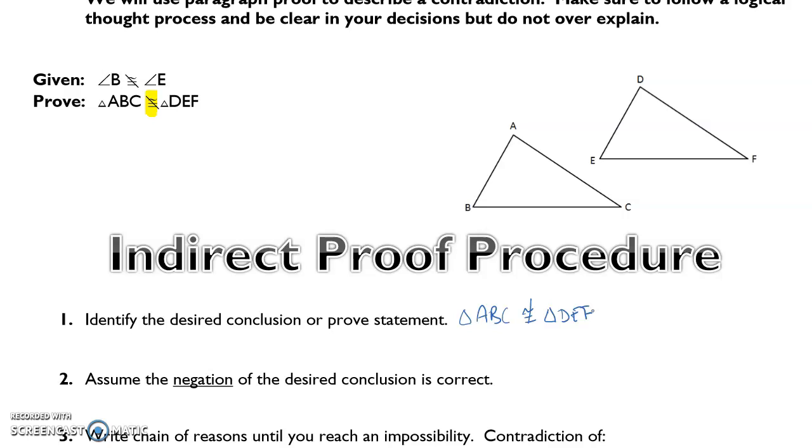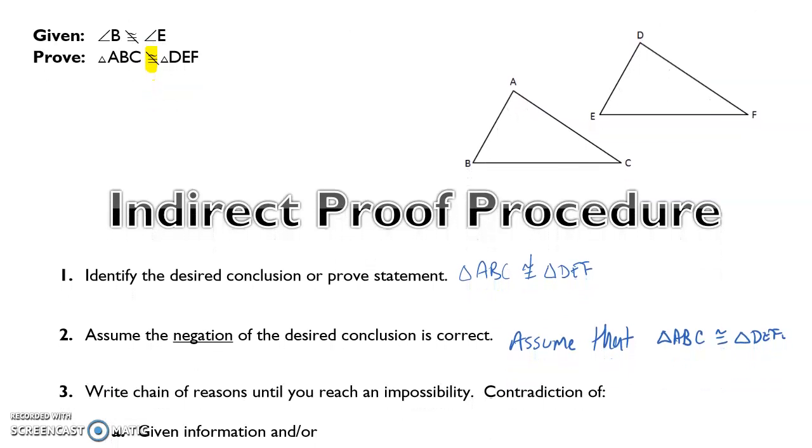Assume that triangle ABC is congruent to triangle DEF. That essentially is going to be the first sentence in my paragraph proof every time I am using indirect proof. Assume that, and then state the negation of your prove statement.